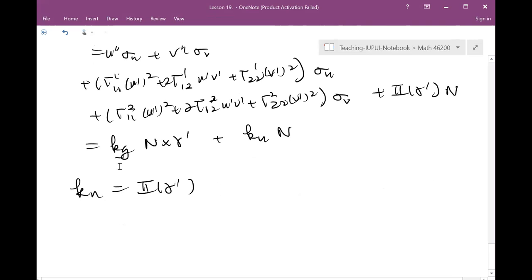And the kg, how can I use kg? Kg is the dot product of this with n and e. Okay? So kg, this is geodesic curvature. The formula is going to be the coefficients u double prime.